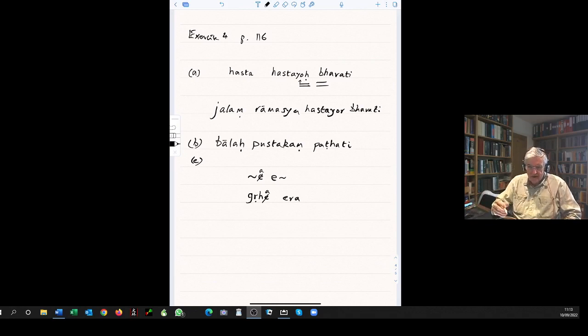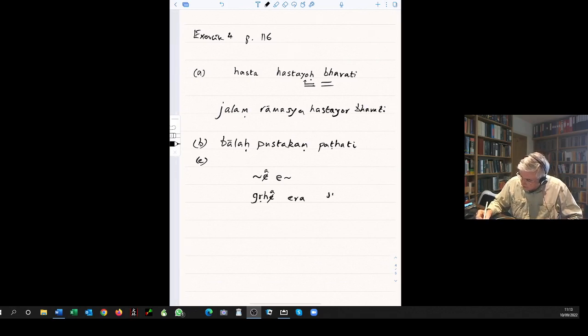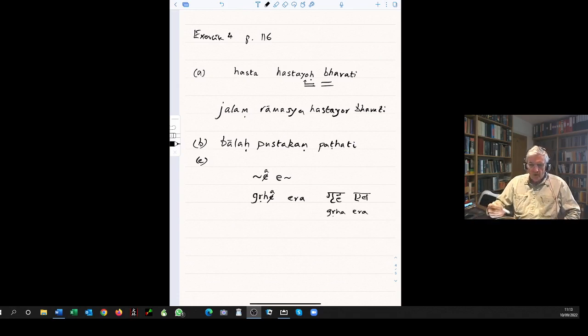So it comes out as griha eva, and so written as two separate words in Devanagari. Griha eva. So viro, nripasya griha eva tishtati.